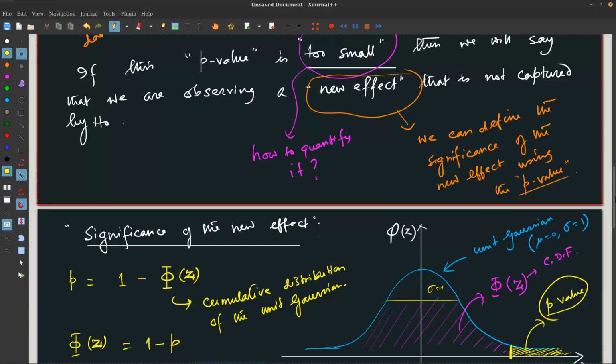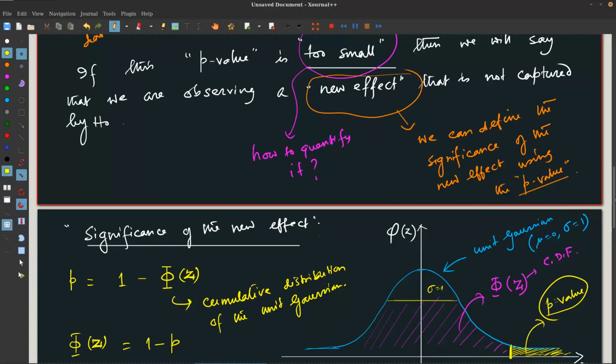Suppose you are running your experiment for a long time and you are observing many tracks. Sometimes you observe a track that does not behave as an electron should behave. Then you say that I think I have discovered something new. You do not specify what that thing is. That is the thing.